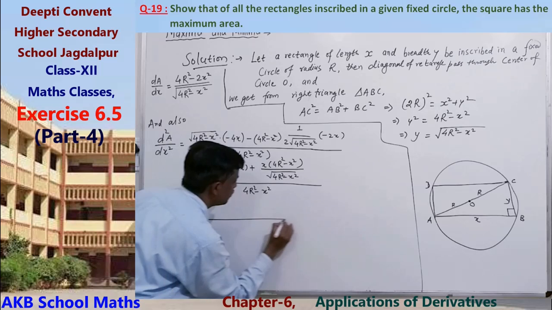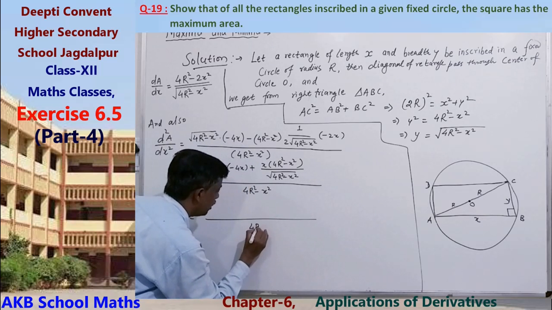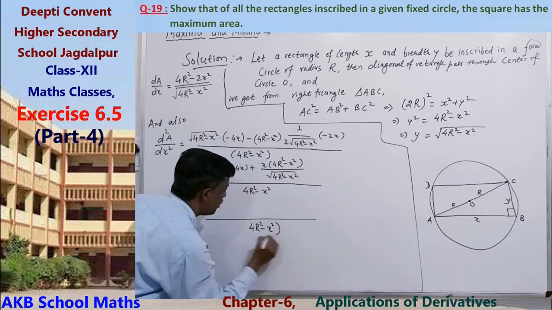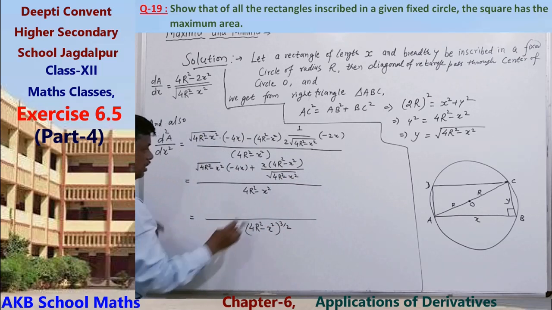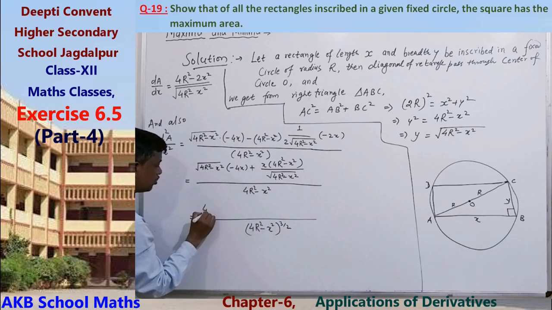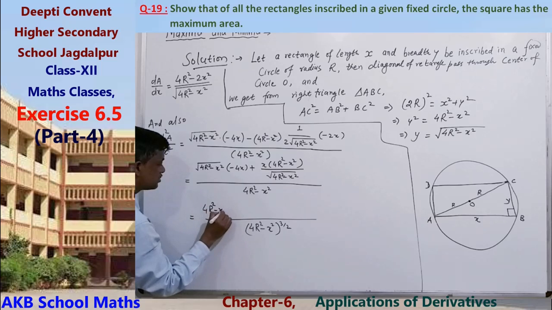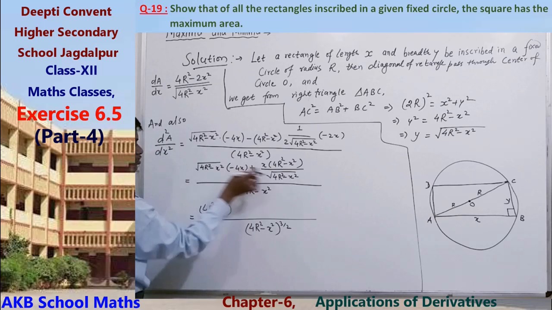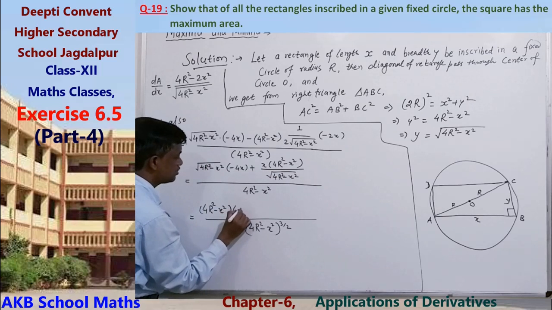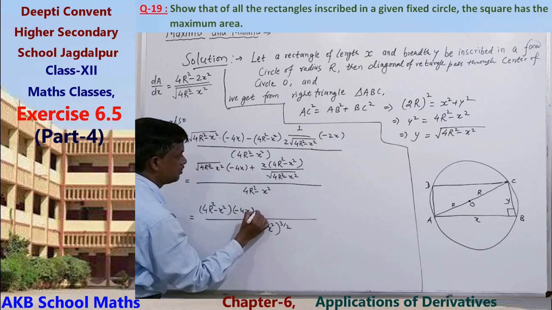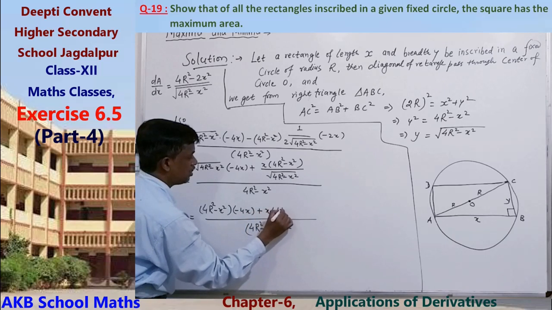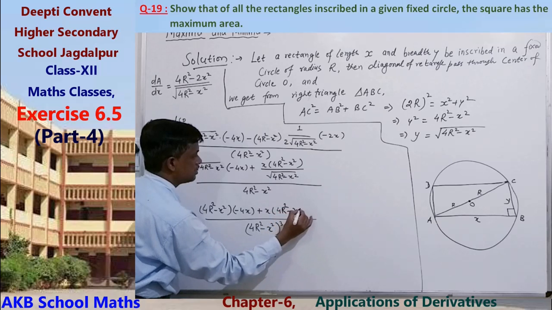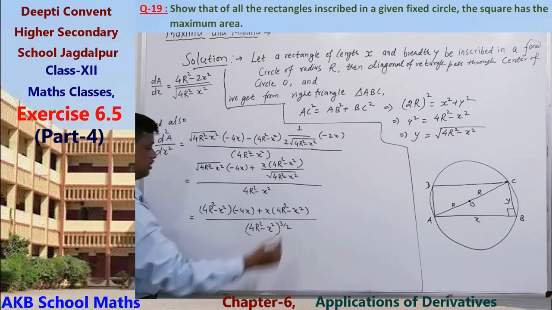So denominator will be 4r square minus x square power 1 and 1 by 2, 3 by 2, and this into this means 4r square minus x square, root cancel, you can root this. Okay, minus 4x here plus x 4r square minus x square.